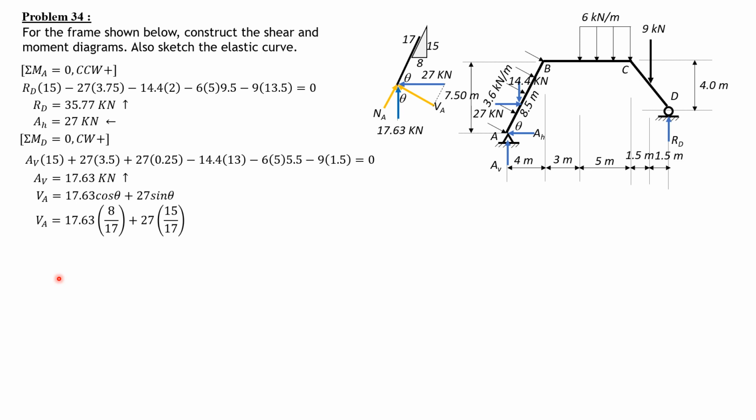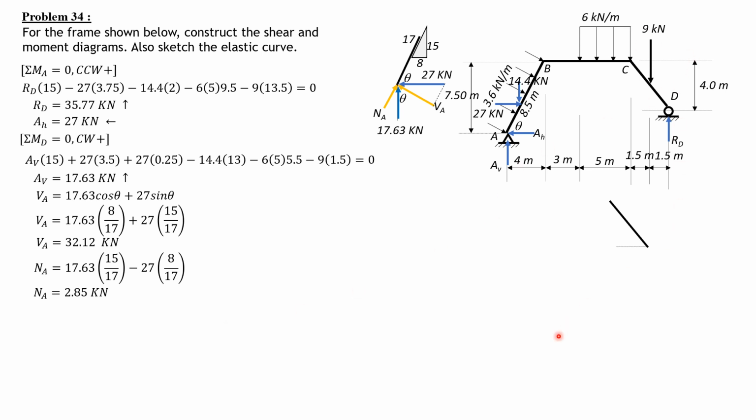So VA, or the shear at A, is equal to 32.12 kilonewtons. Then NA is 17.63 sine of theta, so times 15 over 17, minus 27, because the component of 27 is in this direction, so minus 27 times cosine of theta, which is 8 over 17. So NA equals 2.85 kilonewtons.